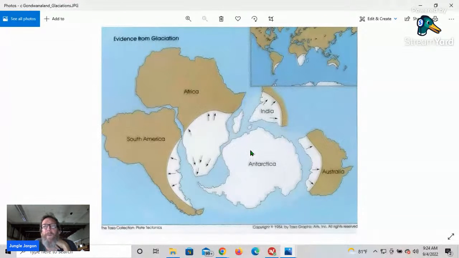So it would have been unbalanced, wobbling, become unstable. And as somebody suggested to me, this ice accumulating on the South Pole probably didn't help any.